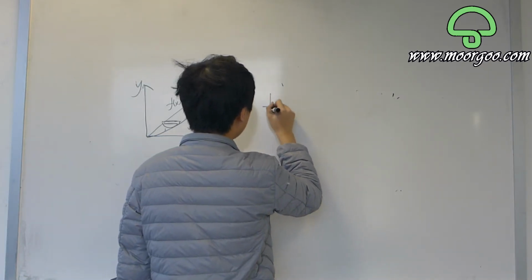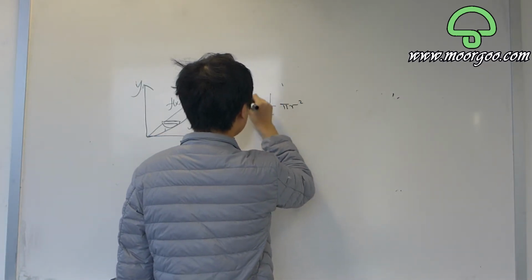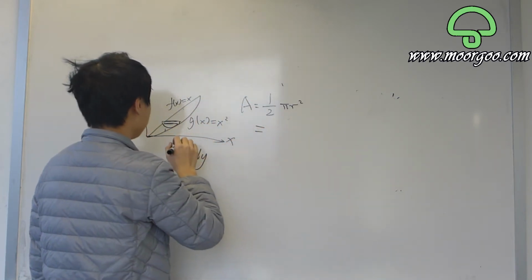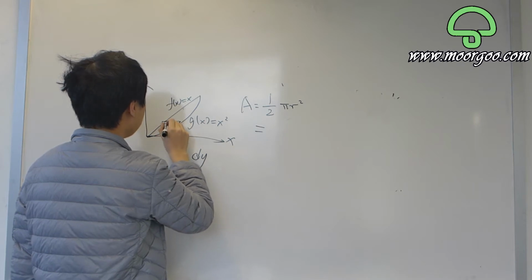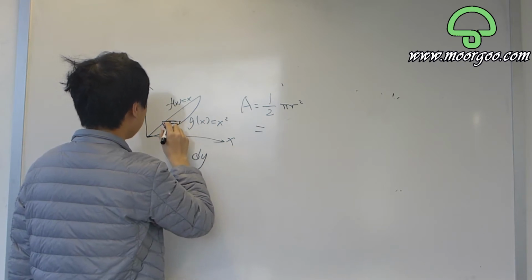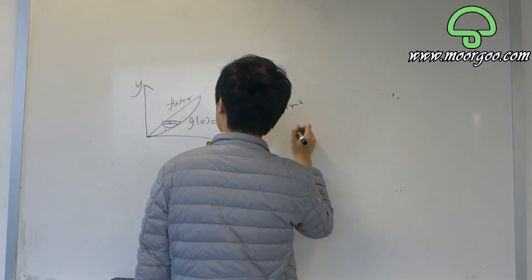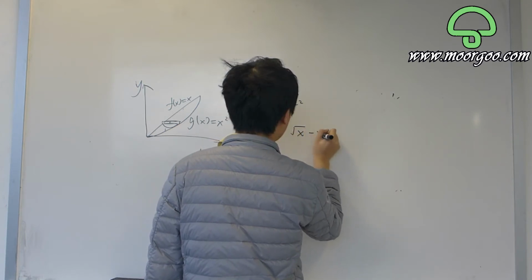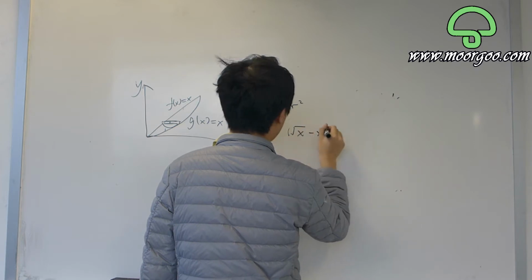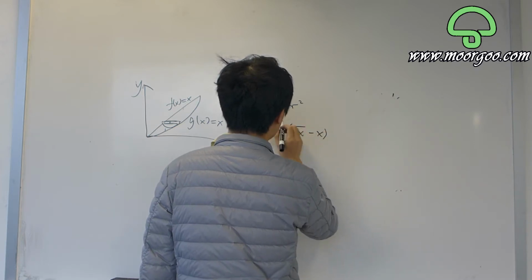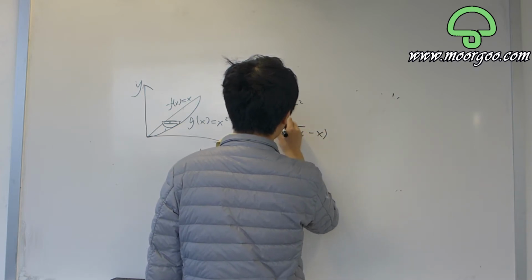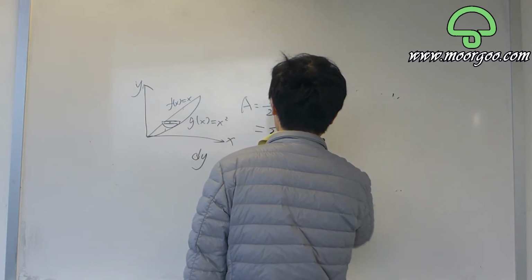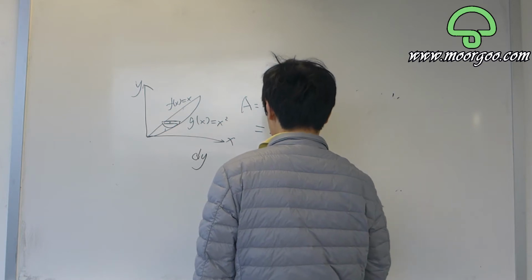The base area. This is the area of a semicircle, and what is it? The radius is exactly half of this.